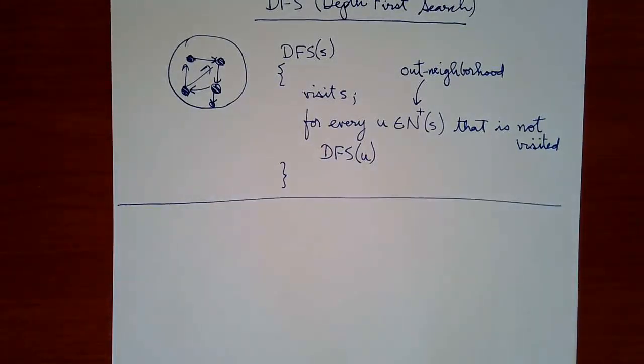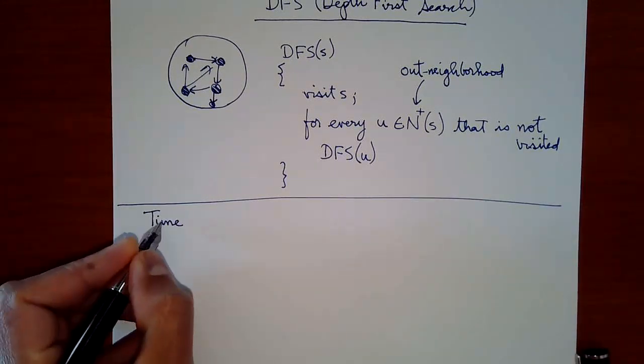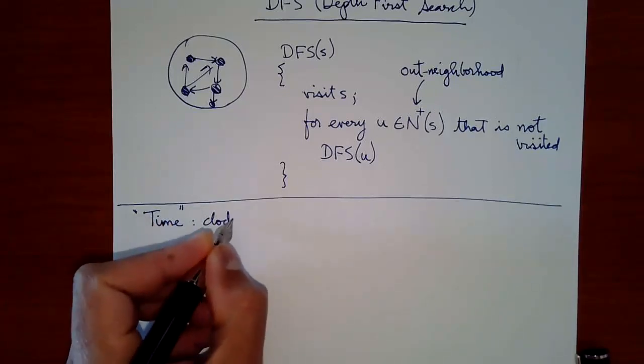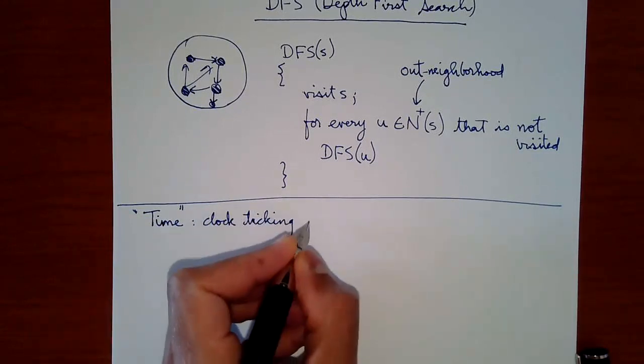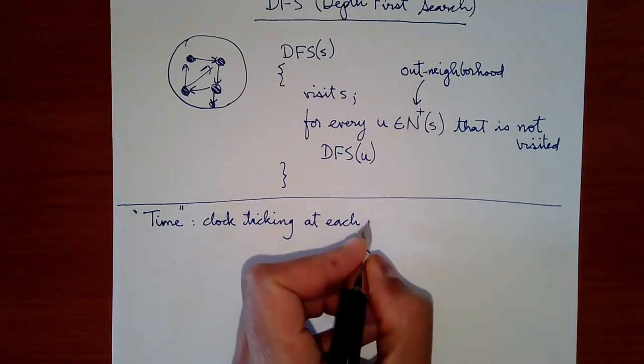Now, if you think of what breadth first search maintained, it maintained a predecessor and a visited array, which essentially gave distances. In depth first search, there's going to be the notion of time. So you should think of a clock ticking at each operation, or at each visit, technically.